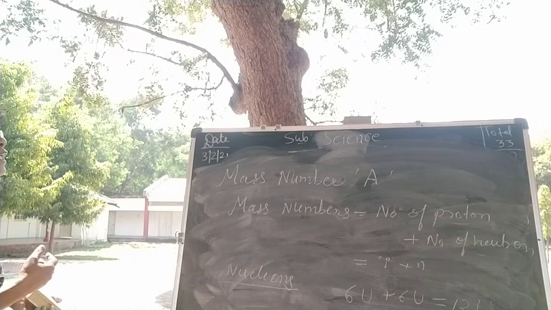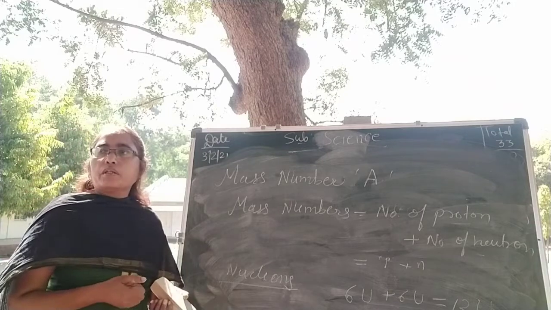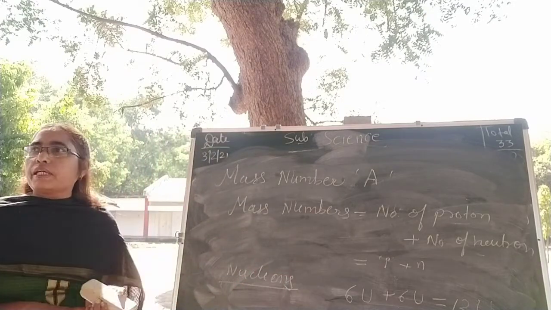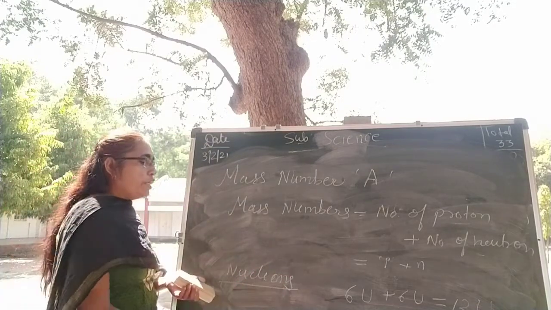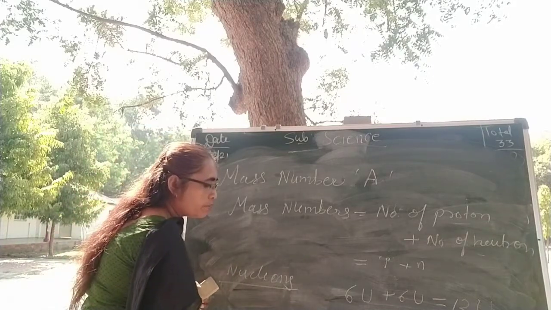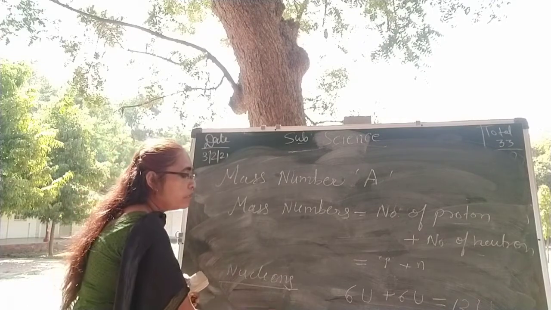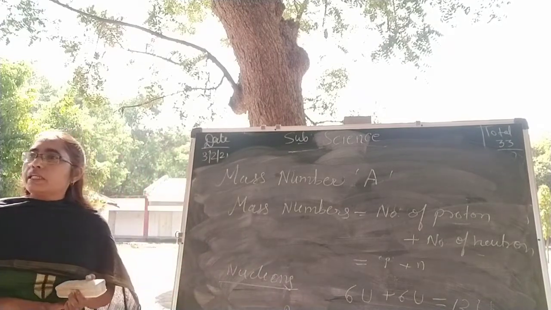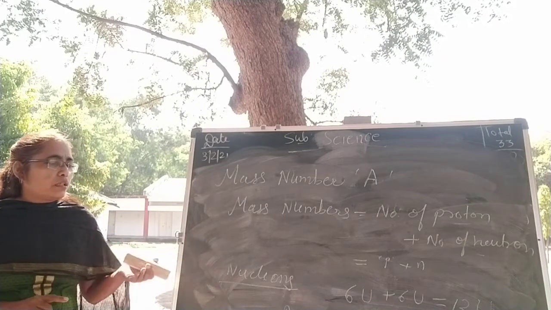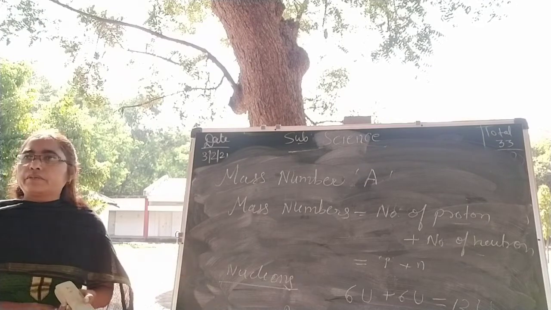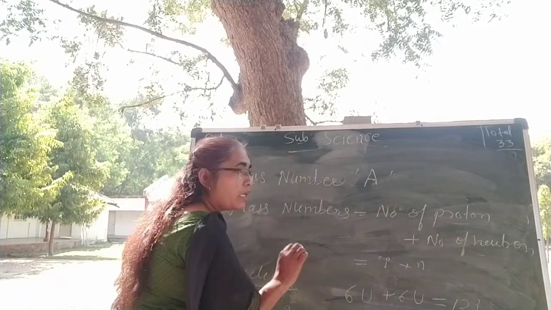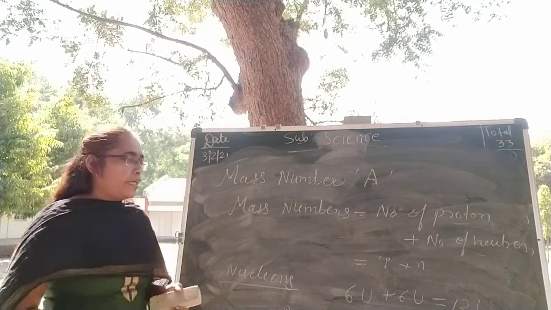So how can we represent mass number and atomic number together? If you are writing the symbol of an element, for example the symbol is X, we write the atomic number Z in subscript, and the mass number A in superscript. Got it? So for example, for the element oxygen, the symbol of oxygen is O. What will come in subscript? 8.